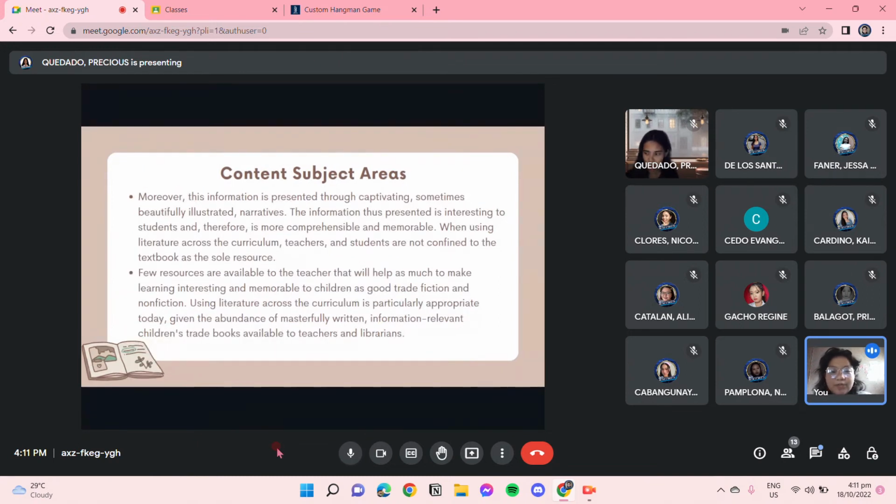Moreover, this information is presented through captivating, sometimes beautifully illustrated narratives. This is where the illustration books or picture books will come in. The information thus presented is interesting to students and therefore is more comprehensible and memorable.